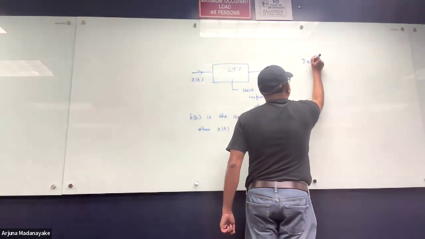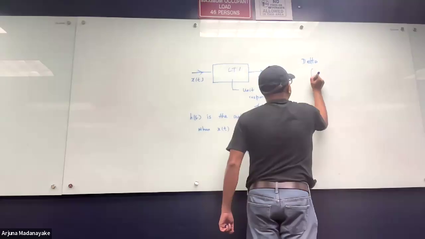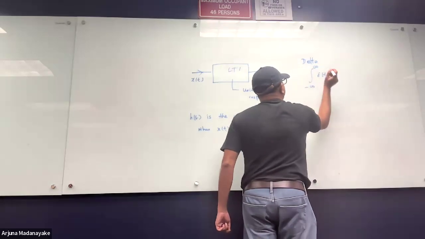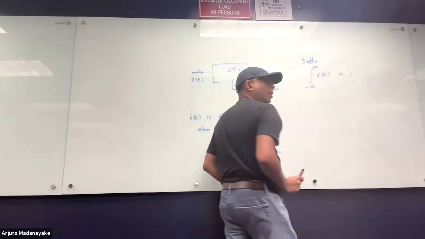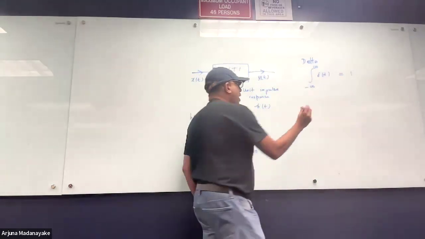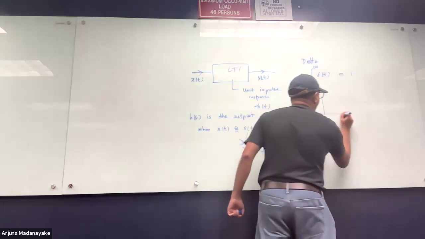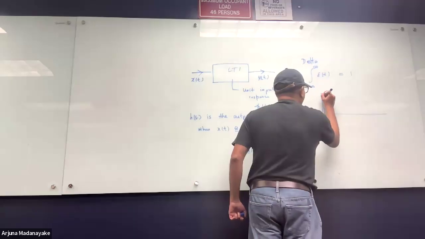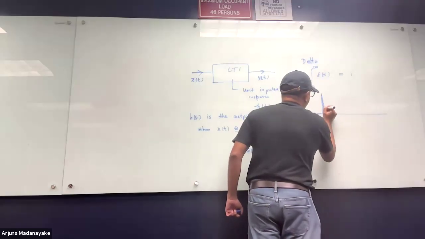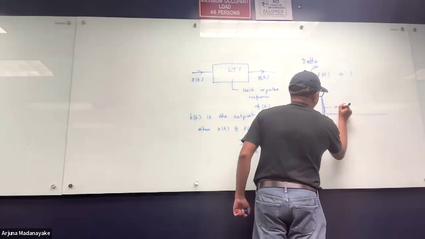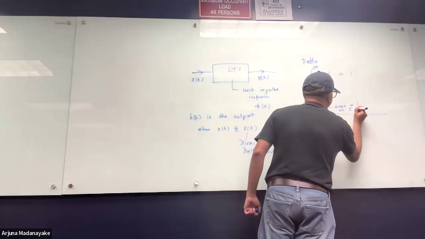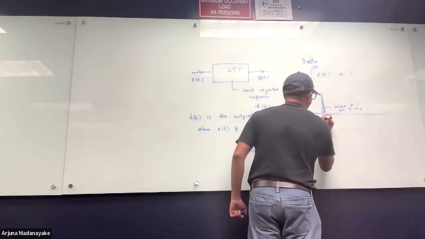The delta function is defined as the integral of delta t. It's a spike. It means you have 0, and then this function jumps up and goes down, but this area is equal to 1 as tau goes to 0.